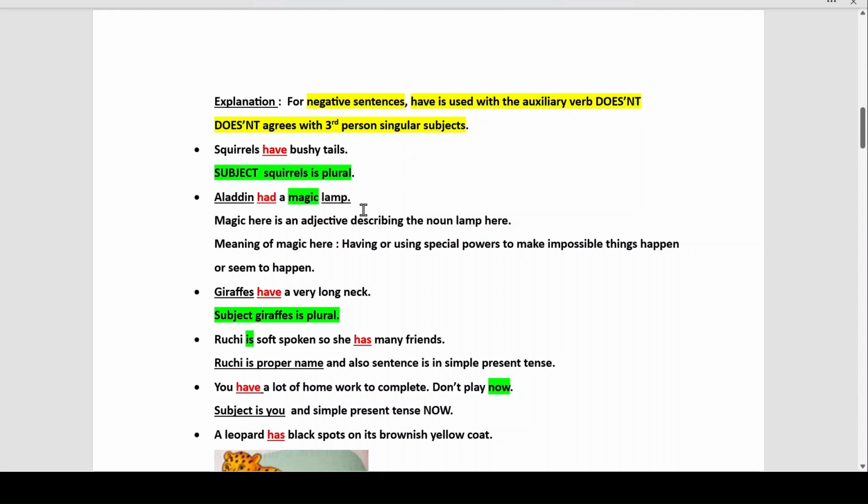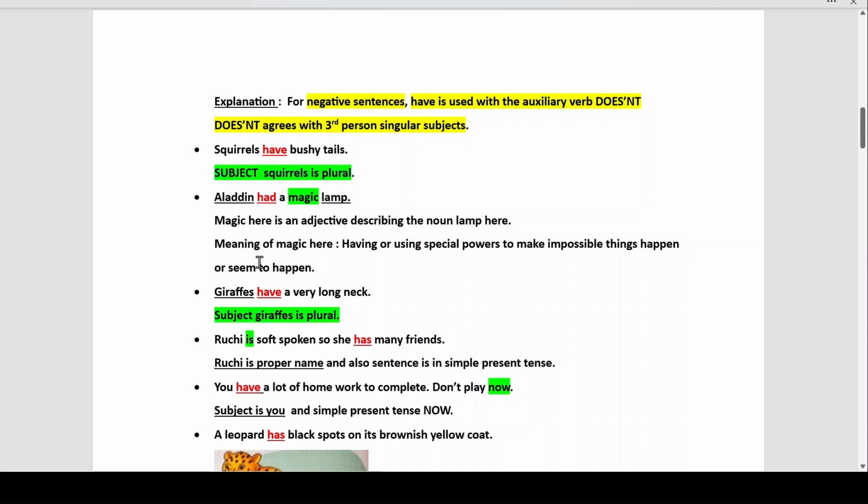So lamp is your noun and magic over here is being used as the adjective. I had told you before, when I was teaching you about had, that had is used in cases of past participles which are used as adjectives also. So magic here is an adjective describing the noun lamp. So therefore Aladdin had a magic lamp, not Aladdin has a magic lamp.